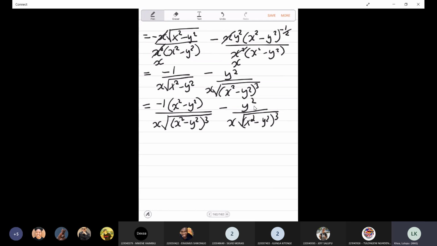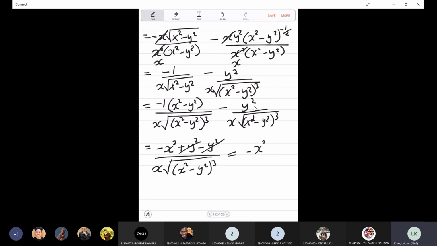So we can just combine the numerators. So this is minus x squared plus y squared minus y squared over x square root of x squared minus y squared to the power of 3. So you can see that these two will cancel.